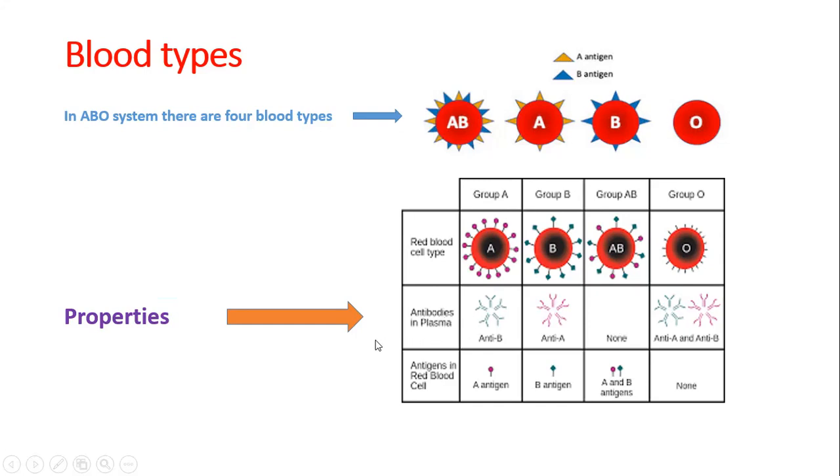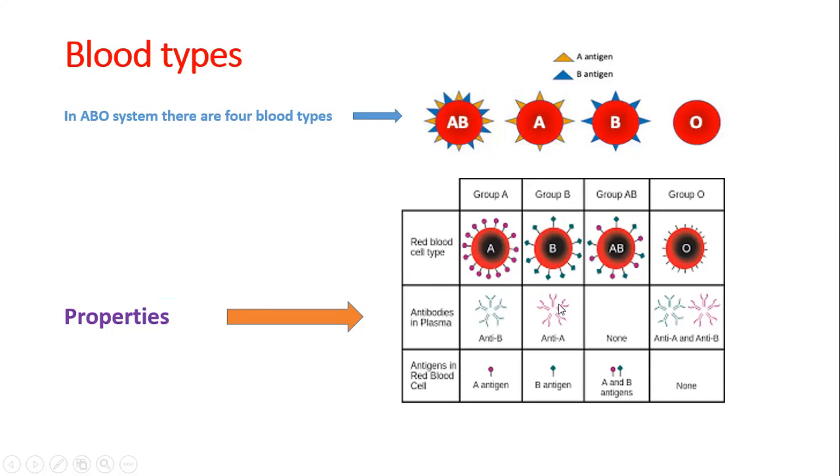Concerning the antibodies in plasma of this person having antigen A, this person has in the plasma antibody of type anti-B.